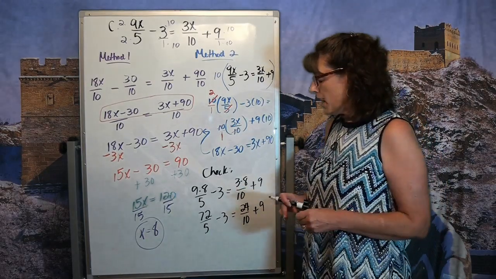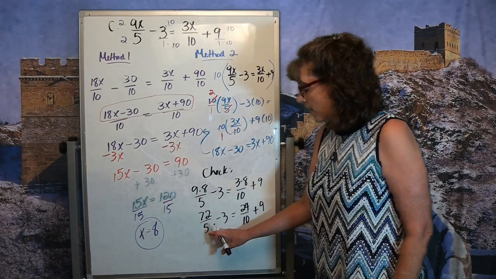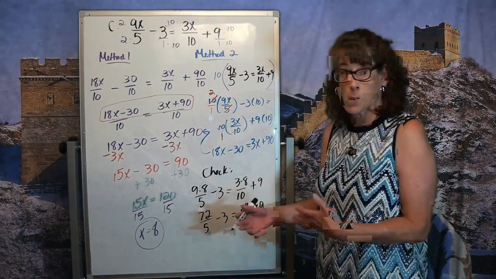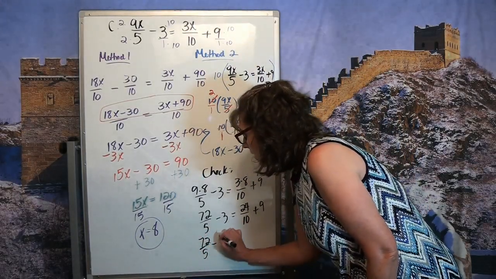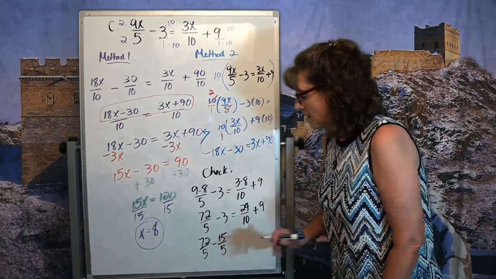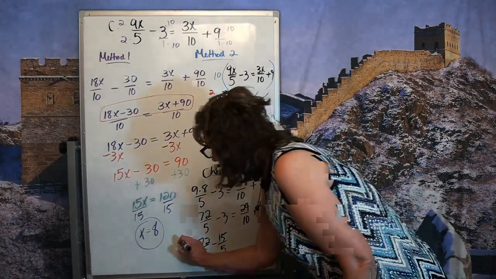And now if I want, I can make common denominators all the way across. If I make a common denominator, 3 is going to be 15 over 5. And 72 minus 15 will give me 57 over 5.